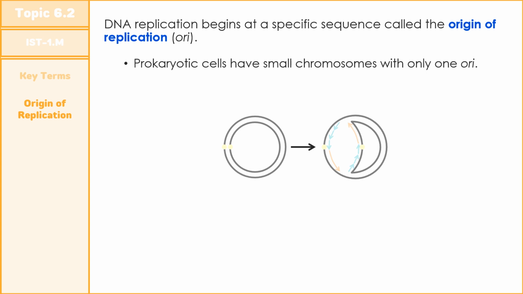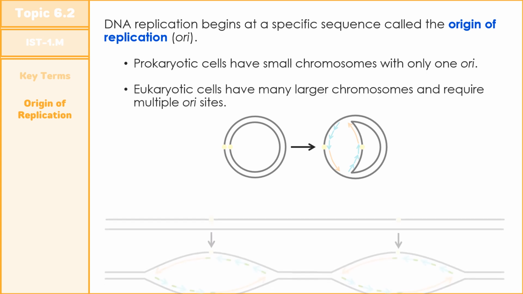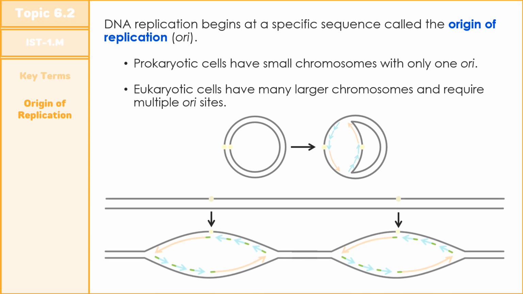We can compare this to something like eukaryotic cells that have so much more DNA within their cells, and we have these linear sequences. So this process would take forever if we only had a single point on each of our DNA molecules. So in eukaryotic cells, we have these larger chromosomes, and therefore they have multiple ORI sites.